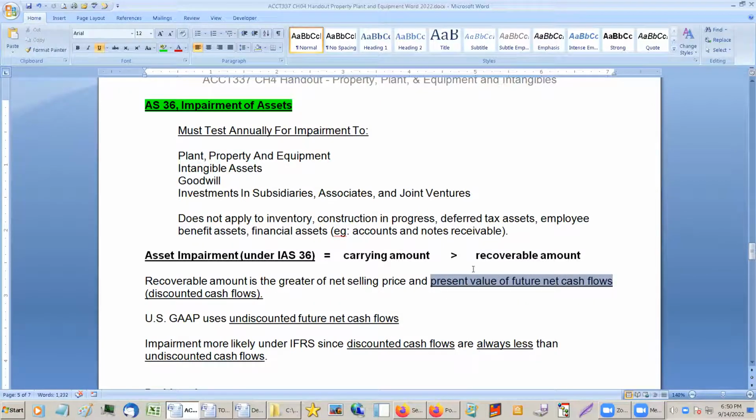To see if something is impaired under international standards, we use the present value of future cash flows, or commonly called discounted cash flows.